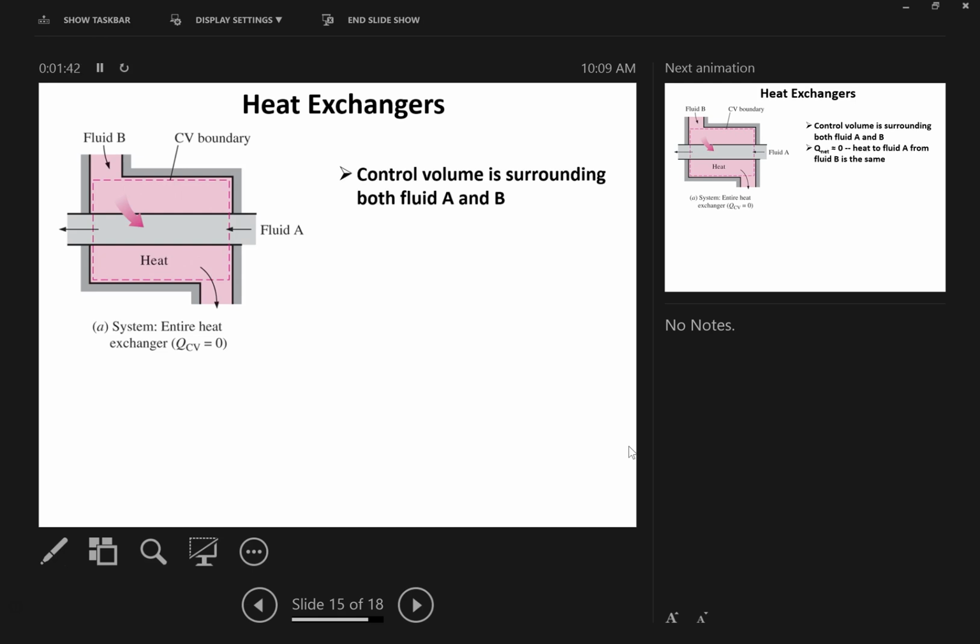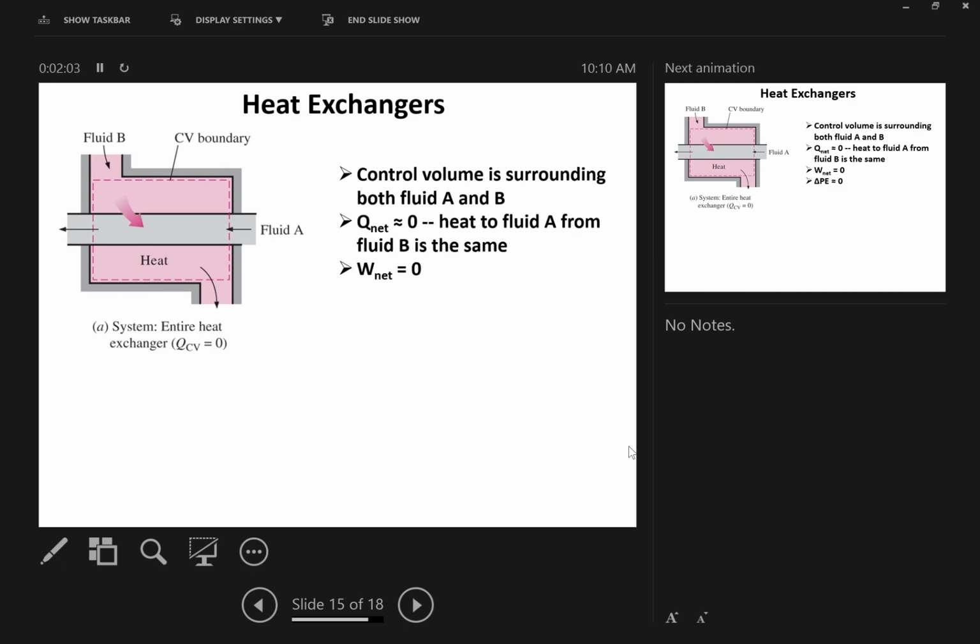So if we pick the control volume surrounding both fluids, A and B, the heat transfer goes in one and out the other, so really the net is 0. Okay. That's if we pick both of them.